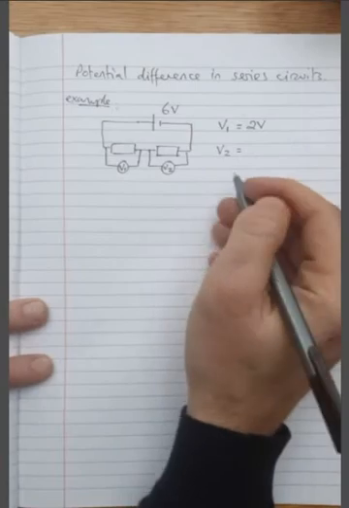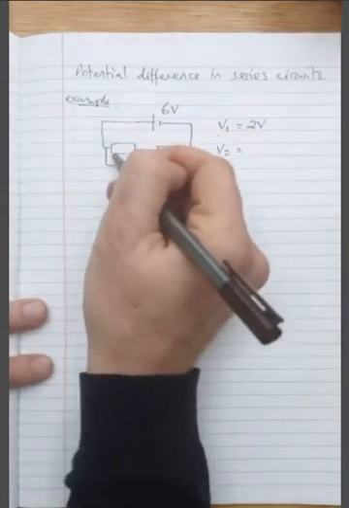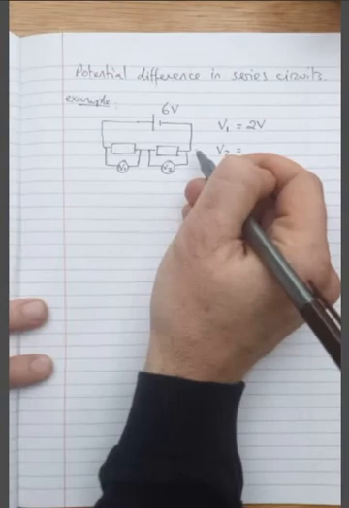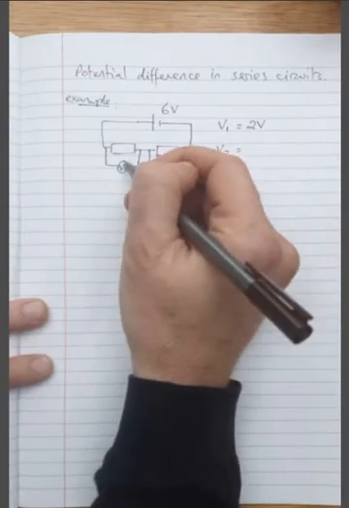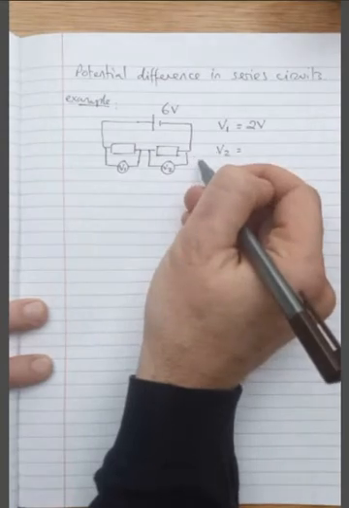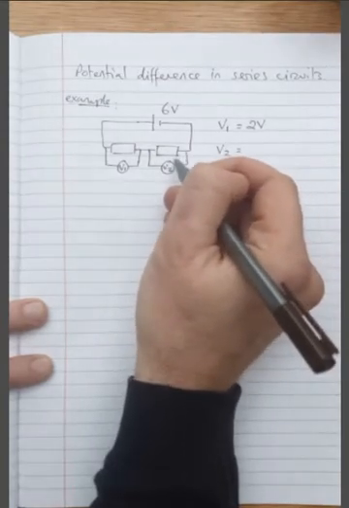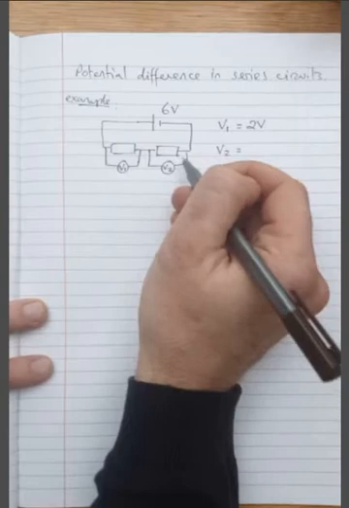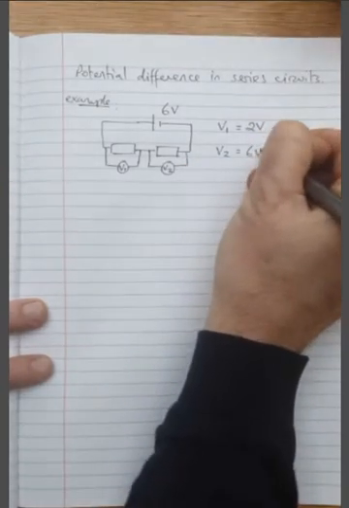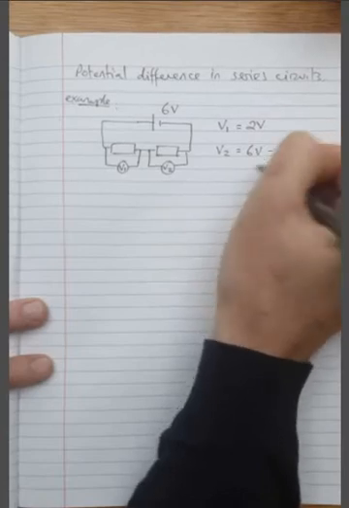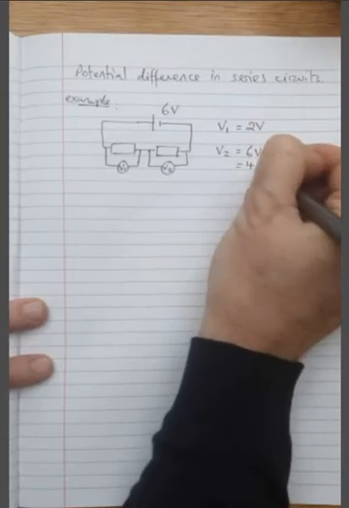Now, if there is 6 volts in total across my circuit, and 2 volts of that is across V1, the remaining potential difference must be across resistor 2, or V2. So V2 simply equals 6 volts minus 2 volts, which equals 4 volts.